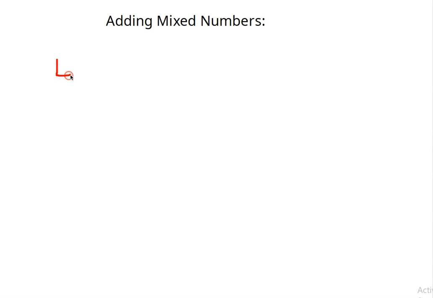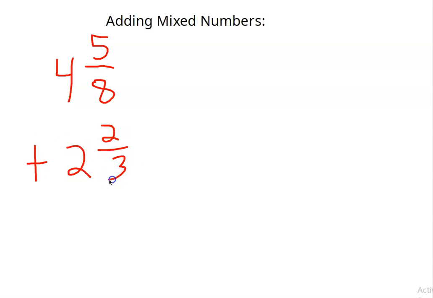So let's say we have 4 and 5/8 plus 2 and 2/3. So my denominators now are 3 and 8. Well, this time the smaller one does not go into the larger one. So I need to list my multiples and find out a least common multiple.